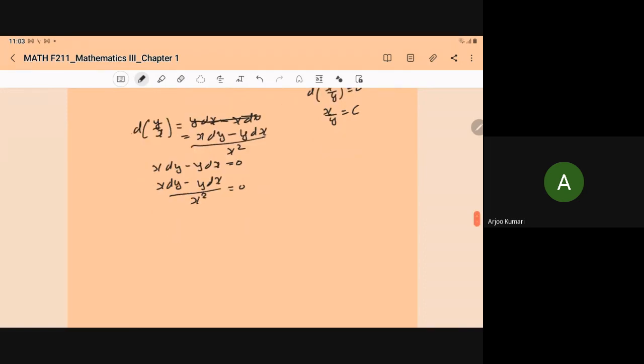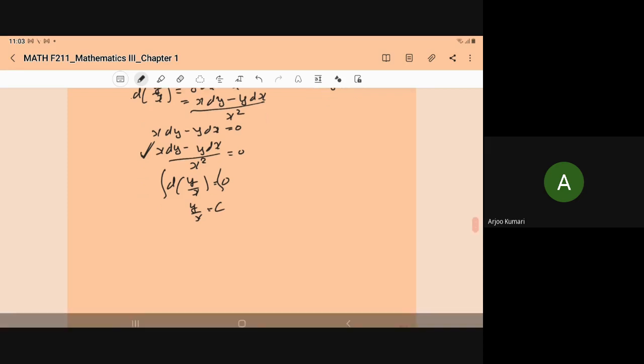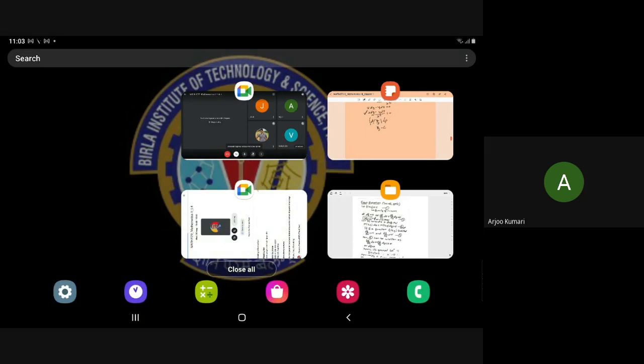The left hand side can be written as d of y upon x is equal to 0, or y upon x is equal to c. After the integration on both sides, you will get y upon x is equal to c. So if we have this type of equation, these are exactly integrable. When the equation is exactly integrable, then we say it is the exact equation.